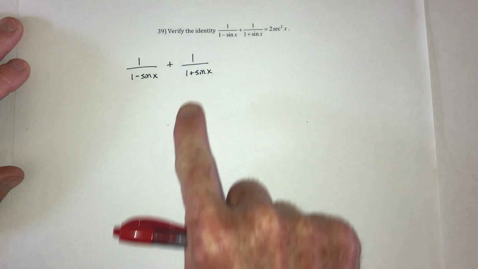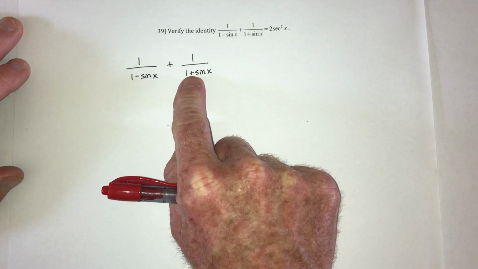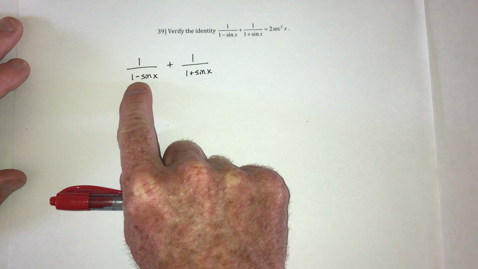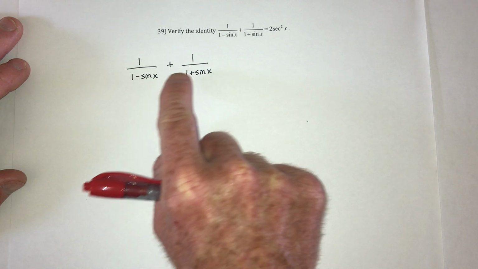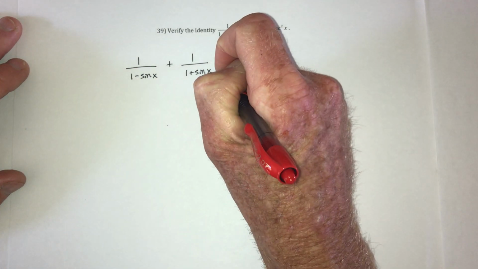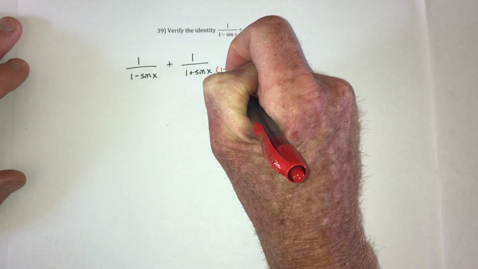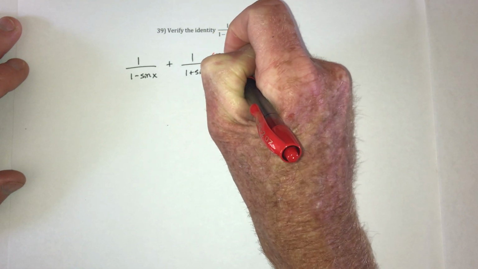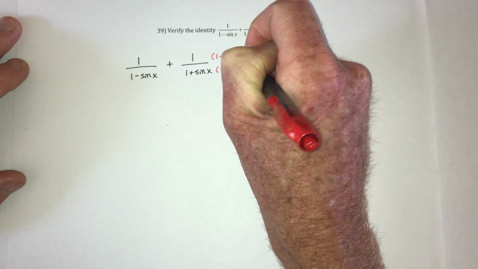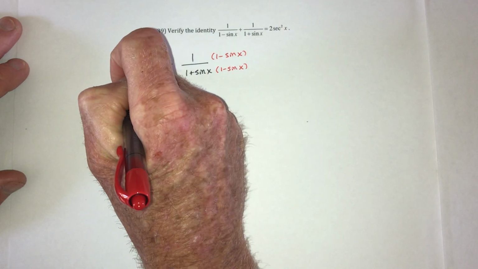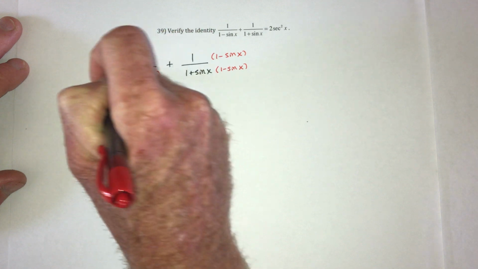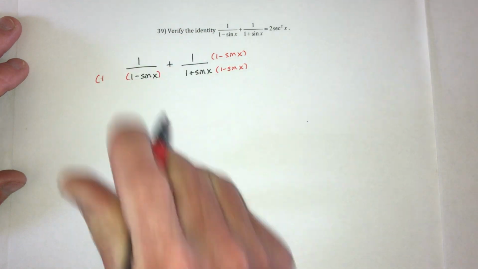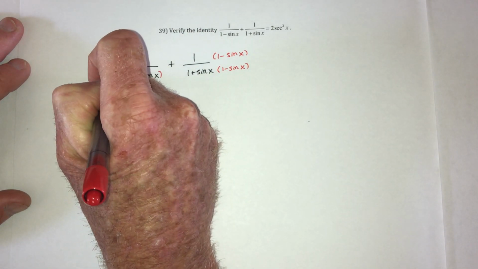And the common denominator would be 1 plus sine x times 1 minus sine x. So this one needs to be multiplied on the top and the bottom by 1 minus sine x. And this one needs to be multiplied on the top and the bottom by 1 plus sine x.